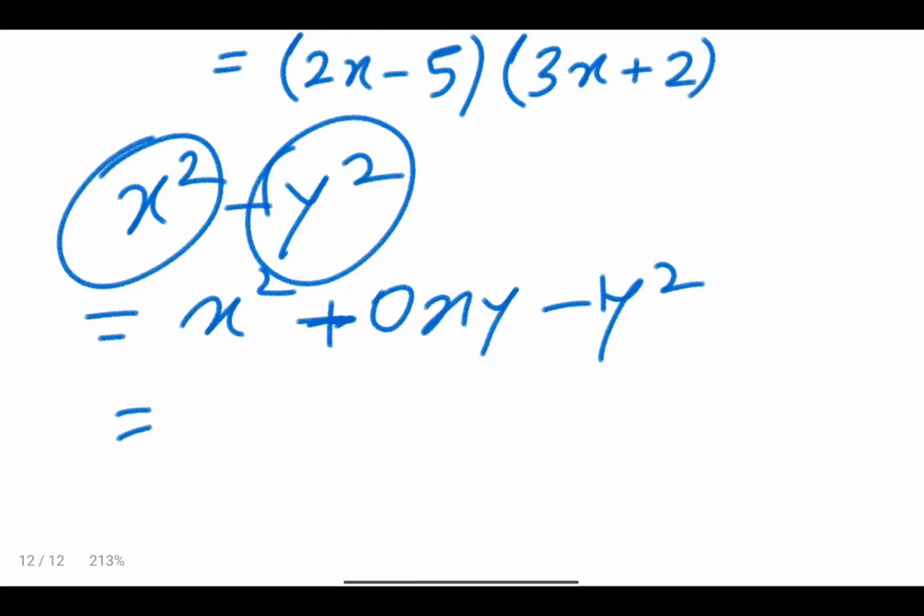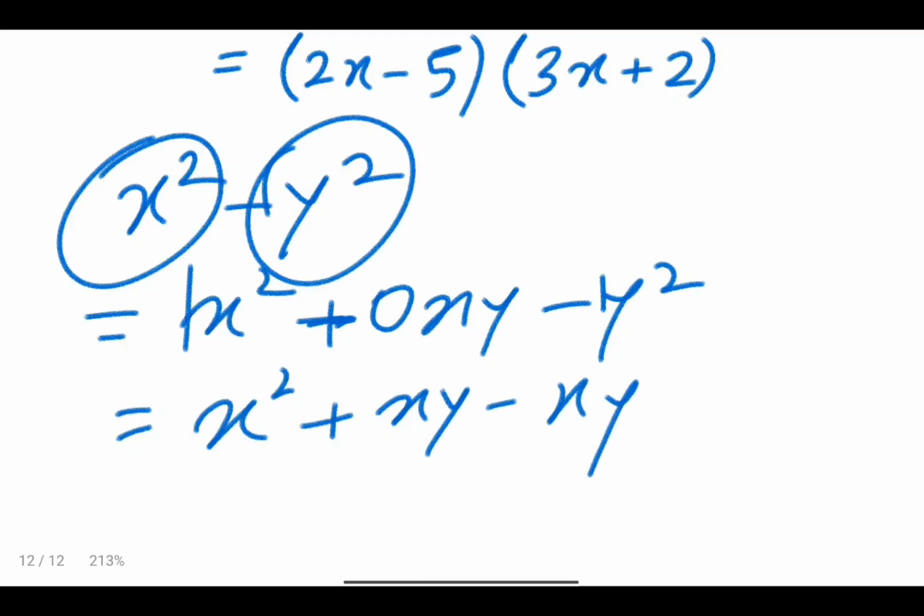This has a coefficient of 1, this has a coefficient of 1, x squared plus xy minus xy minus y squared. And I think in this case, we can assume that the entire thing has a coefficient.